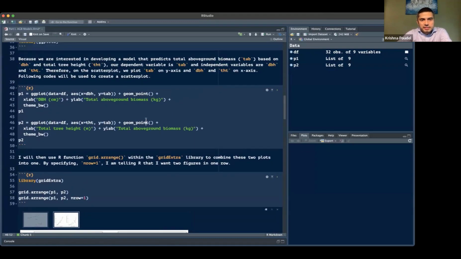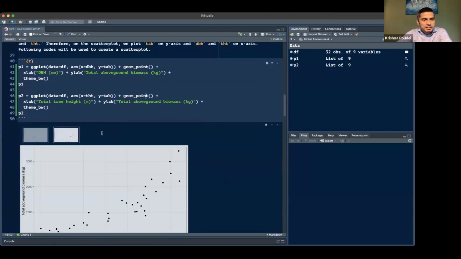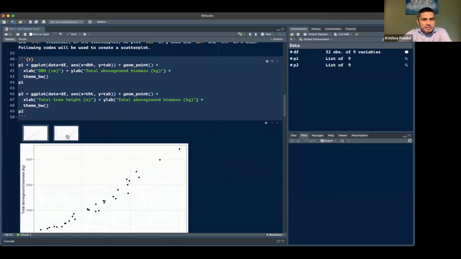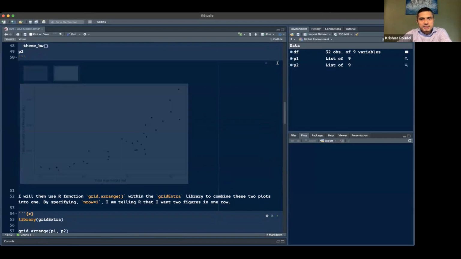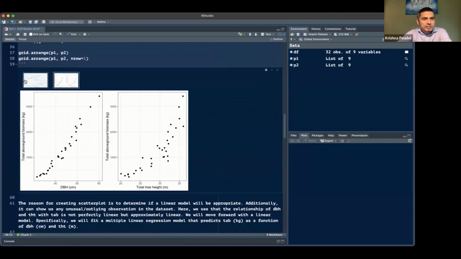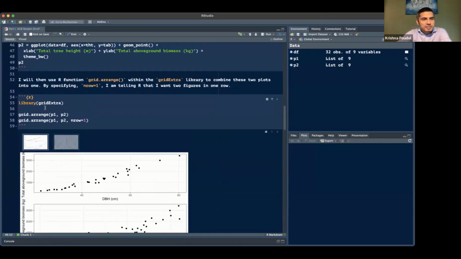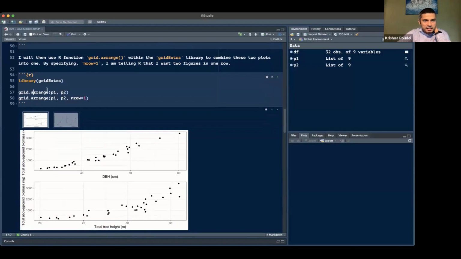As we saw, if I run this code, we get two separate figures, one for DBH and the other for height. But it would be nice to put them in one. So we can use the gridExtra package and the grid.arrange function. Because I saved P1 and P2 as two plots, by default it will make one row for each plot, so we have two rows here.